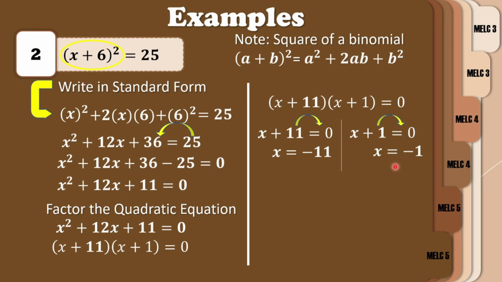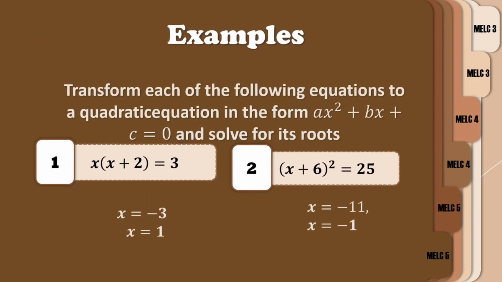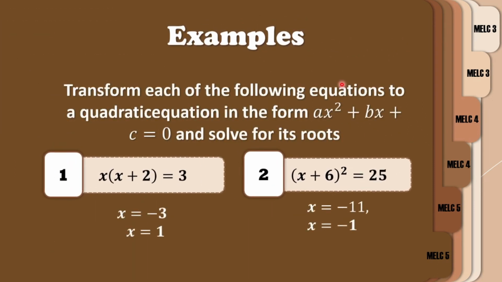So the value of the roots of this quadratic equation is negative 11 and negative 1. So tapos na tayo in transforming and solve natin yung roots ng dalawang quadratic equation. So for our example 1, nakakuha tayo ng dalawang roots which is negative 3 and 1. And for our example 2, we have negative 11 and negative 1.